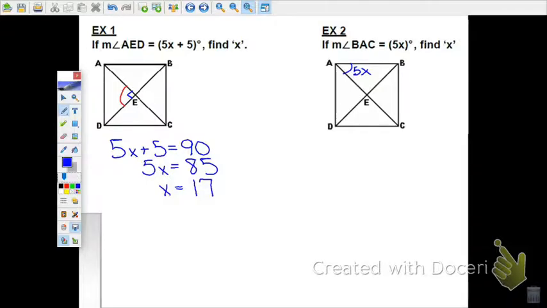Okay, 5x would equal 45, correct. Because of our rectangle properties, we have 90-degree angles. We know that the diagonal is bisecting the opposite angles. So 5x is equal to 45, which means x would be equal to 9.